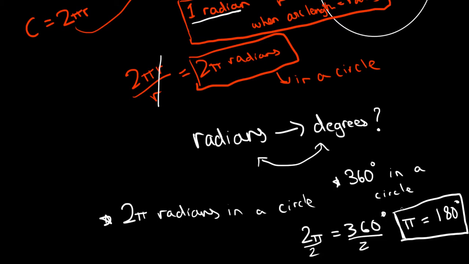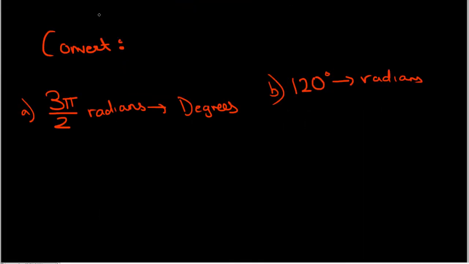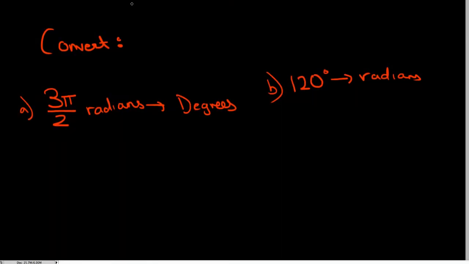Okay? So now let's just look at some practice problems up here. So over here, we're being asked to convert from 3 pi over 2 radians to degrees and 120 degrees to radians. So let's just write out our relationship over here. So pi radians is equal to 180 degrees. We know that.